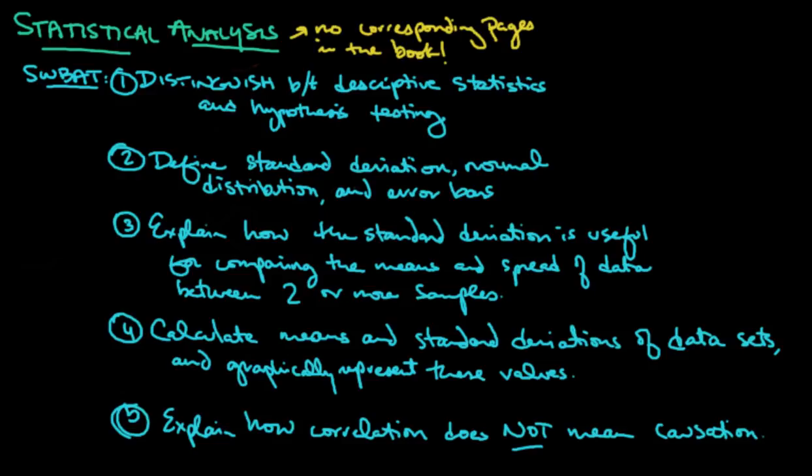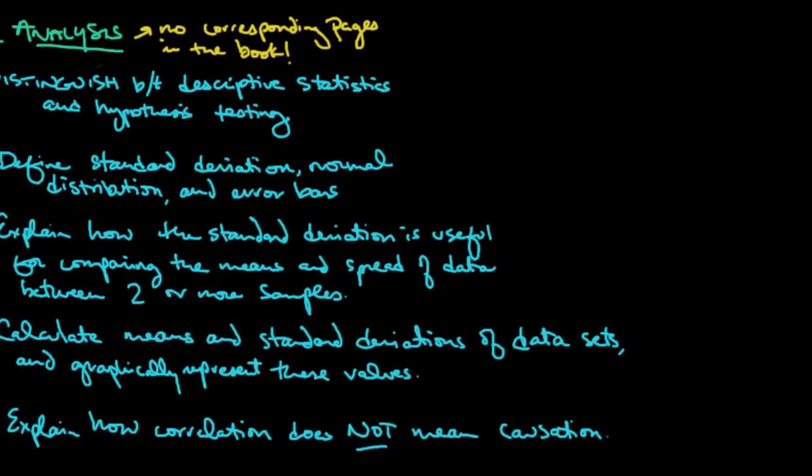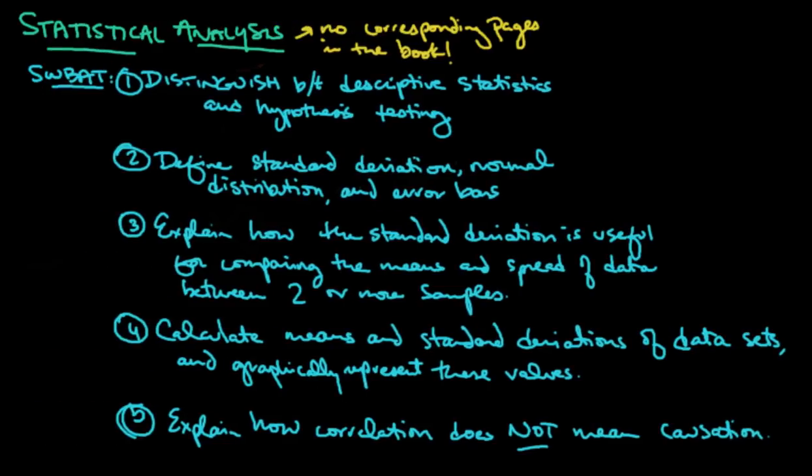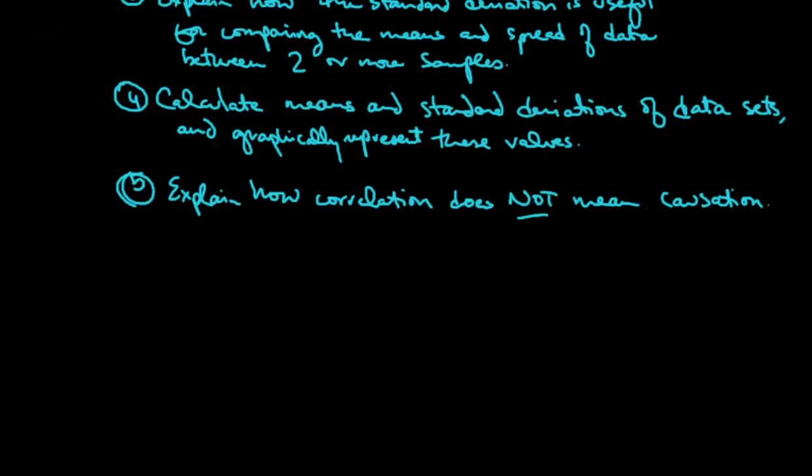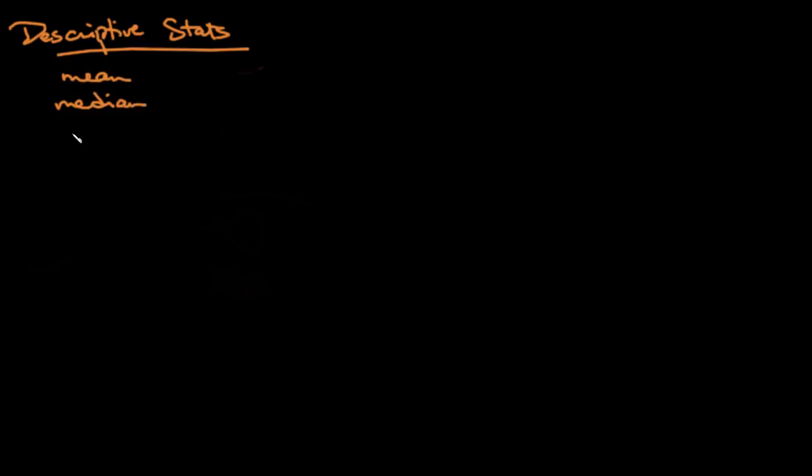So let's talk a little bit about what descriptive statistics and hypothesis testing are. I'm going to scroll down a little bit here. When we talk about descriptive statistics, what I mean by that, and what statisticians mean by that, are those terms that you are familiar with, like mean, median, and mode.